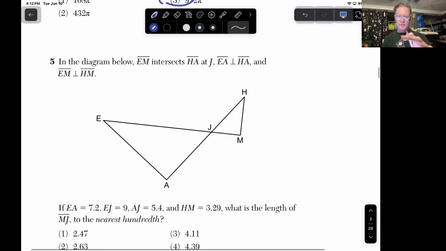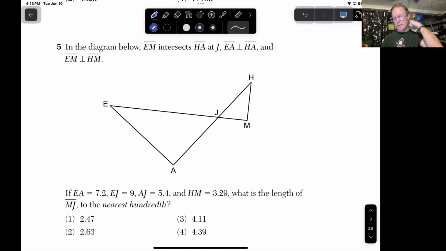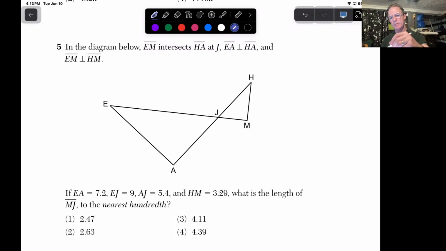Next up, in the diagram below, line segment EM intersects HA at J, and EA is perpendicular to HA, and EM is perpendicular to HM. Okay, so let's go ahead and annotate the diagram.